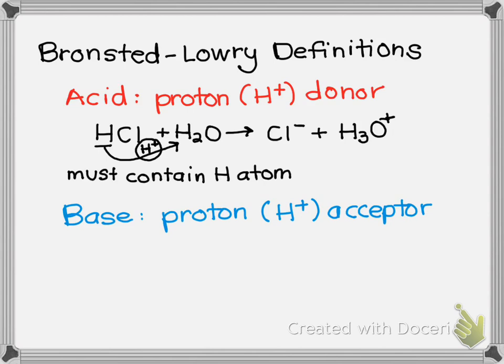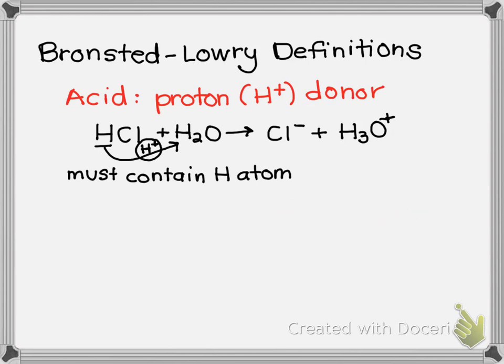In fact, I had set this up earlier, but let me erase this and let's write the carboxylic acid like I had before. So we have CH3COOH, and it's this H right here. If I were to draw this like the formula really is, the Lewis structure, it's this H right here.